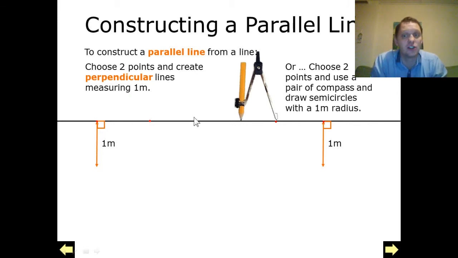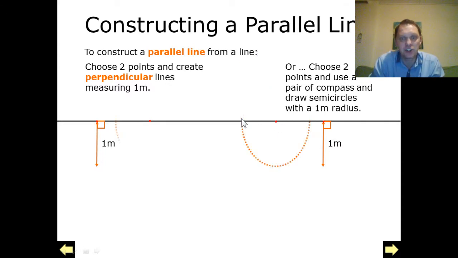Another way that students like to use is that you pick 2 points on your line still, but this time you'll open up your compass to 1 meter radius. I know in real life that would be quite a large compass, but just imagine a scale drawing. So you put your compass at the point and you open your compass up to 1 meter.